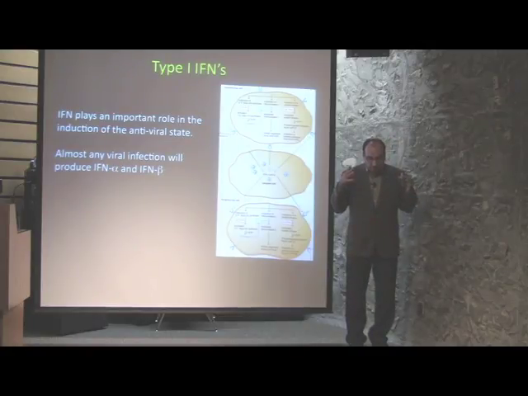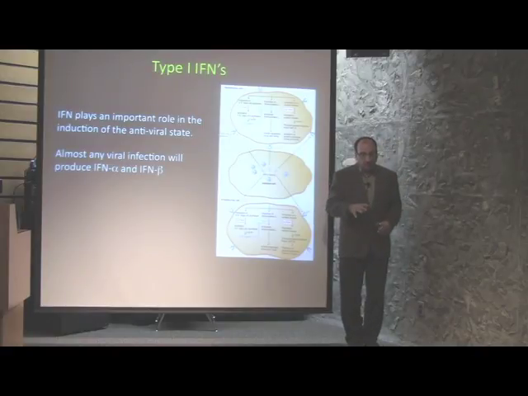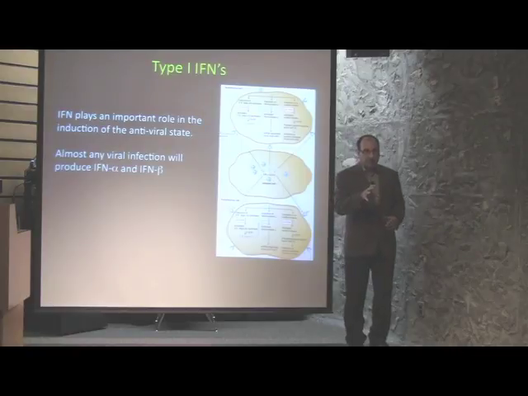So what do we know now about the interferons? Well, interferons are produced by a cell that's infected with a virus. Interferons are soluble proteins, and so a virally infected cell will secrete interferons into the media, and it will bind to interferon receptors on surrounding cells.